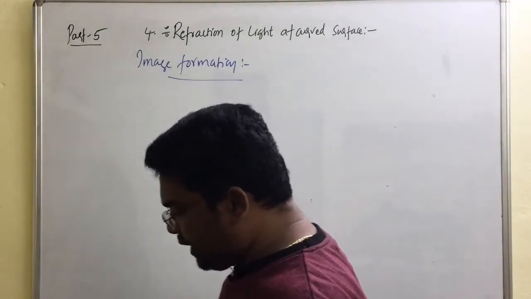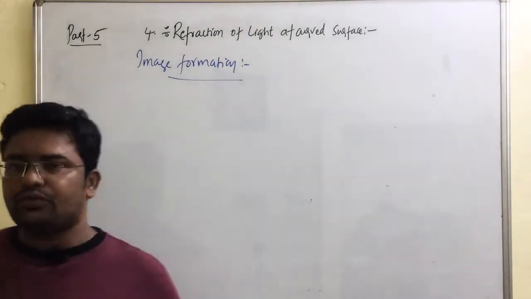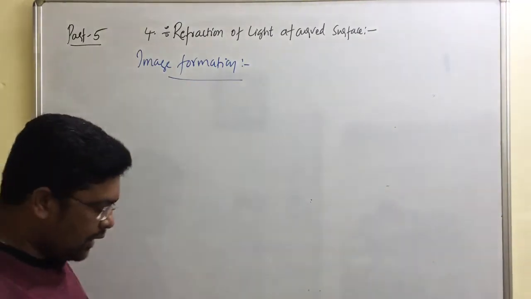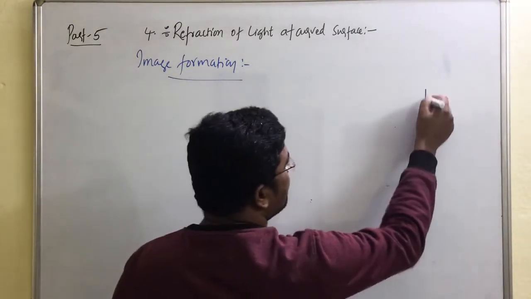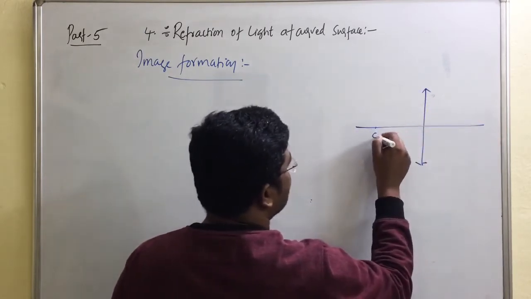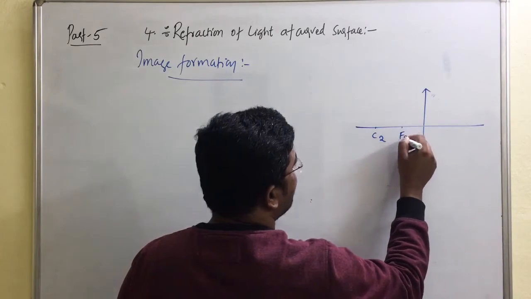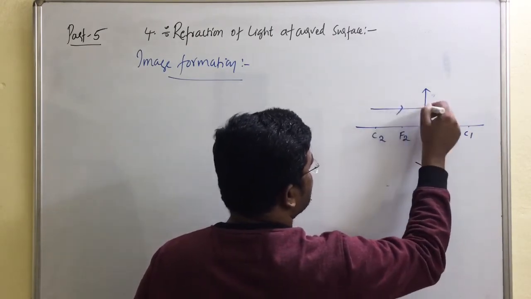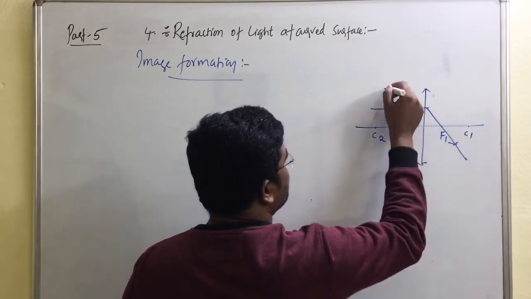Before we study how to show image formation, we should know the behavior of light rays. In our previous class we studied that a light ray passing parallel to the principal axis passes through the focus. So this is situation 1.